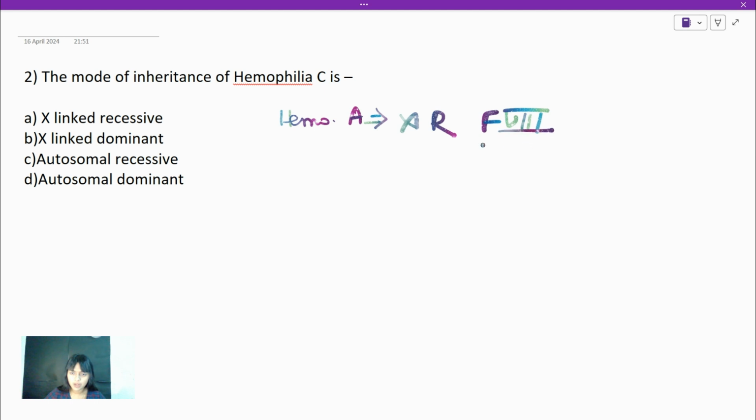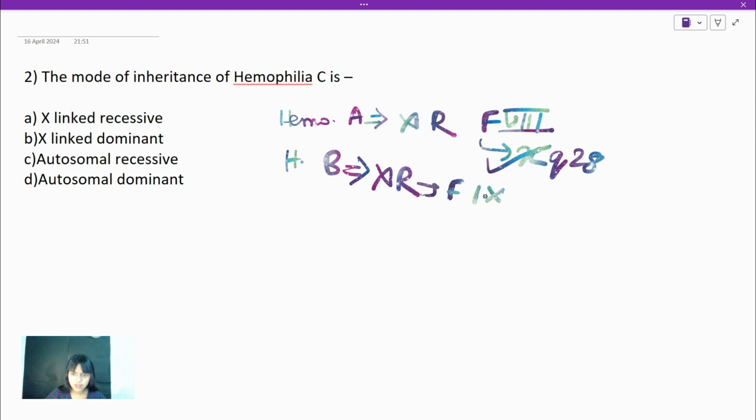Clear? And where does this lie? On chromosome Xq28. This may also be asked. Okay, next, hemophilia B. This is also X-linked recessive and this is due to factor 9 deficiency. Okay, this is also known as Christmas disease.